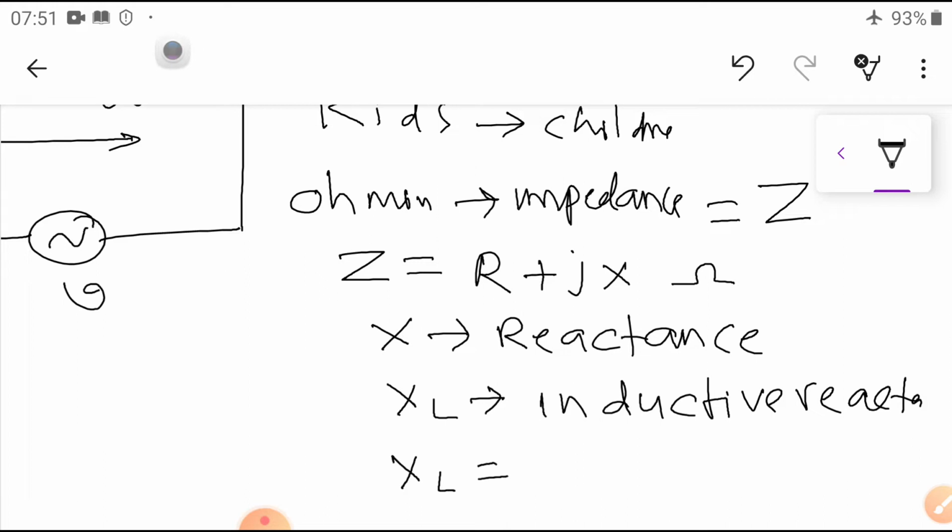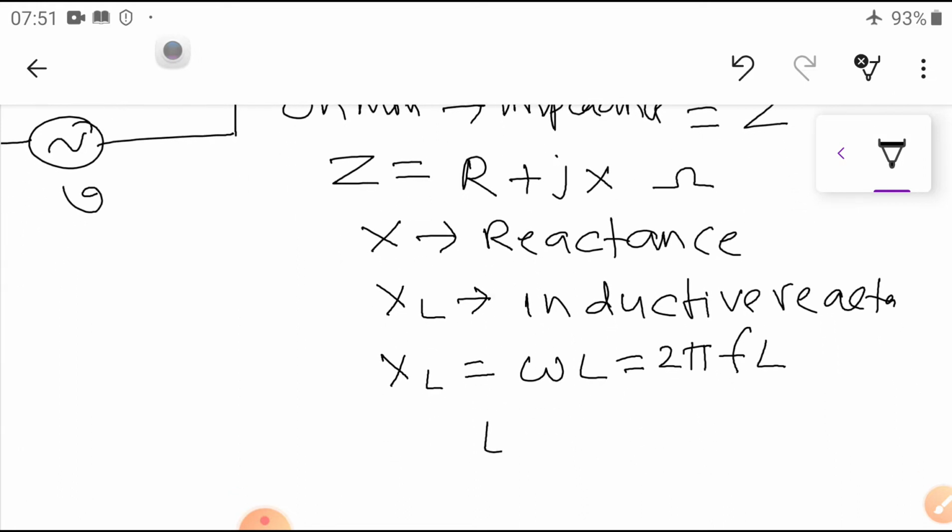XL is equal to, already we have seen that, omega L, that is equal to 2 pi f L. Okay. So whatever the L is given initially, the unit is Henry. Now that should be converted into ohmic value, that is omega L, whose unit is ohms.